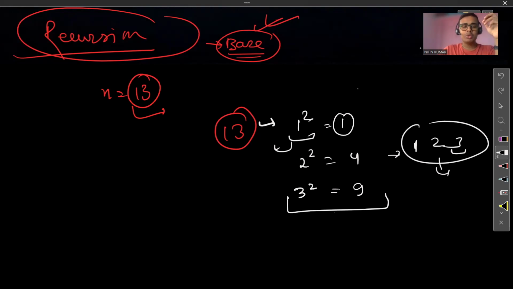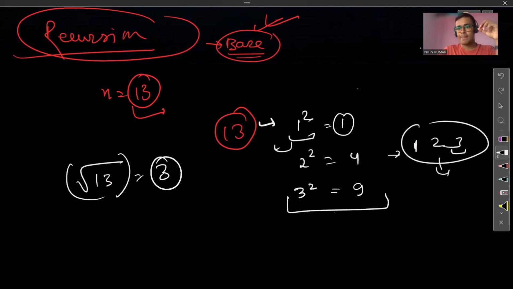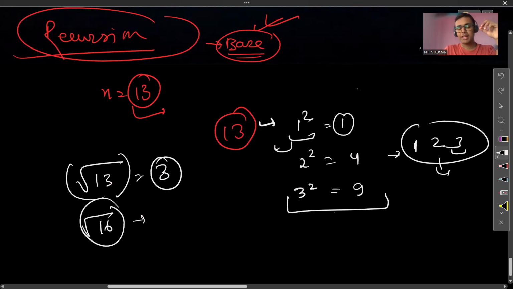And if we take the square root of this 13, it will be 3 point something, but if we round it off to an integer value, then it will be 3. Because the square of 4 is 16. If we take the square root of 16, it will be 4.